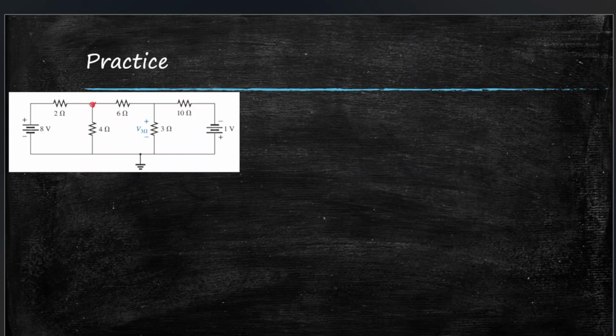So let's assign the voltages. Nodal voltage V1, nodal voltage V2. Okay. So I think the question wanted us to find V3, the voltage running through 3 ohms. But for practice, we'll just find all the voltages. And the voltage running through 3 ohms will be just V2.